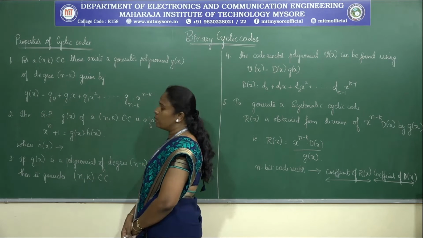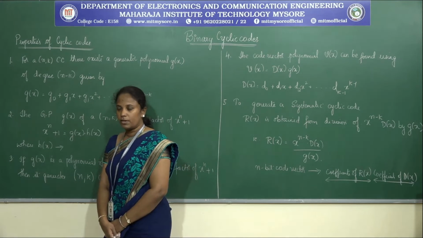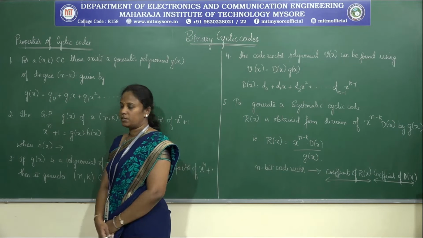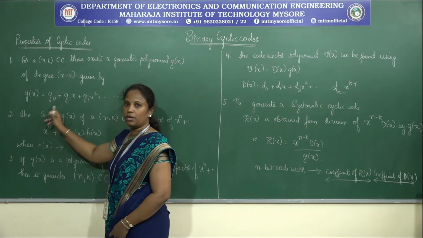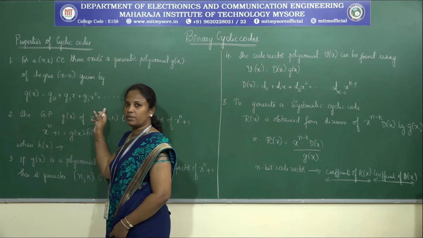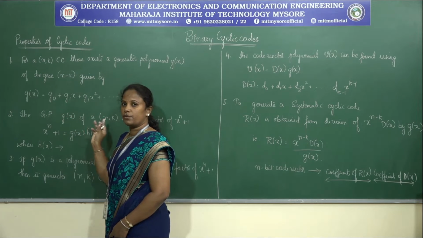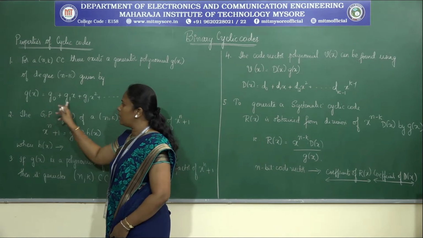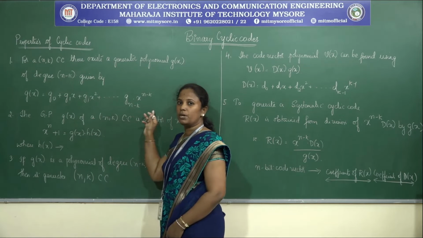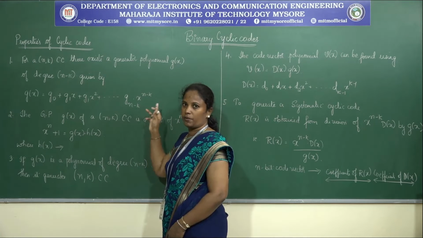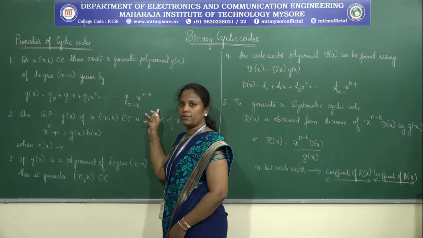Okay. Where n represents the length of the code word and k represents the message length. So your g of x is given by g of x is equal to g naught plus g1 of x plus g2 of x square, and so on, up to the degree n minus k, x power n minus k. So this is the first property.